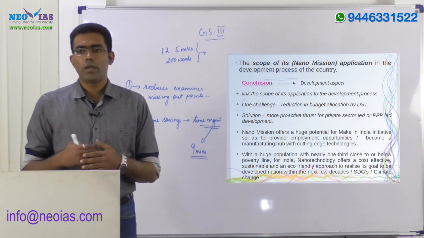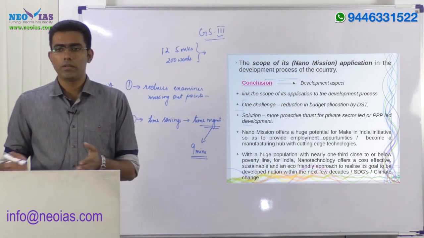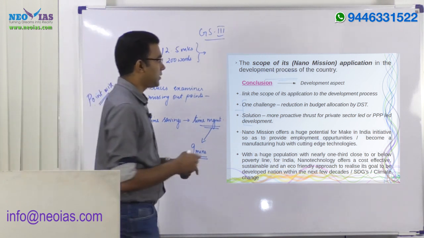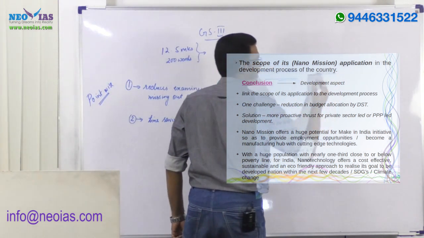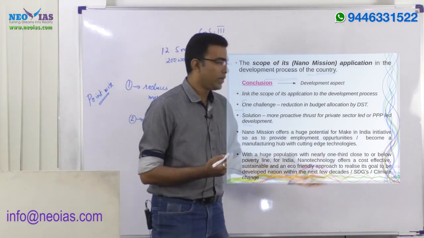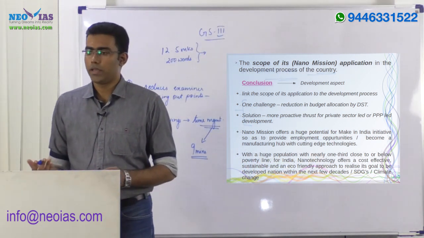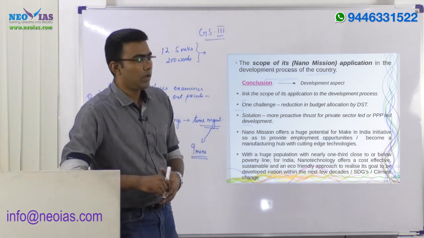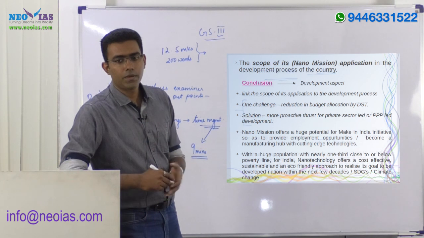Wherever possible, you can link it to the developmental agenda of the country or the world as such. Here it has asked precisely for the country aspect. That is the reason why I said developed nation, or meeting the SDGs as well as the climate change parameters. So this is all about nanotechnology, the question that was asked in 2016.